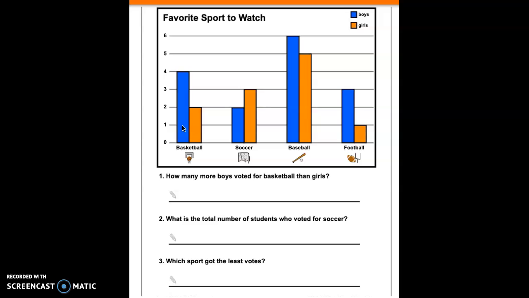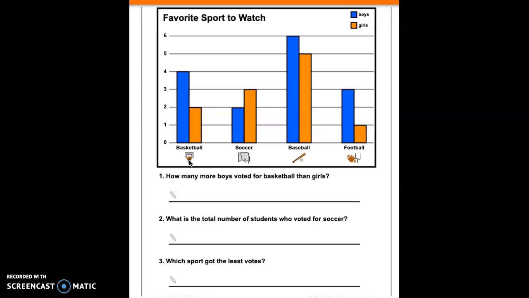So now we can see that for each sport, the boys are going to be blue and the girls are going to be orange. So now we can decipher a little bit more instead of just how many total. We can stretch that data out and know exactly how many girls and how many boys voted for each one.